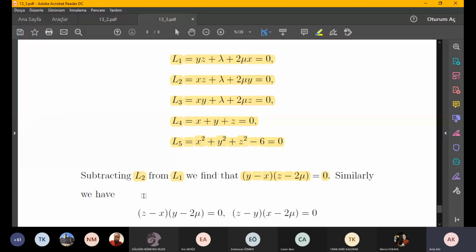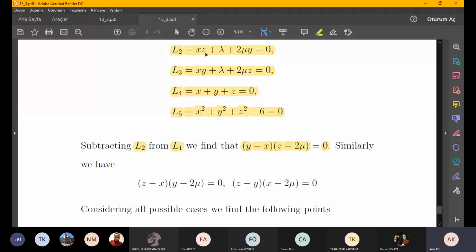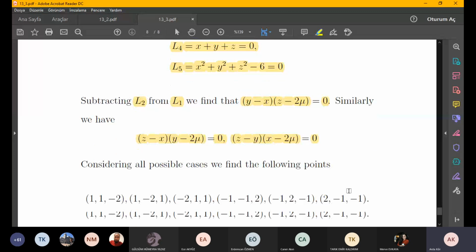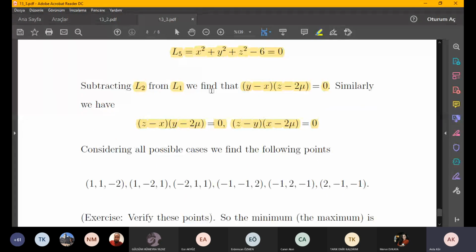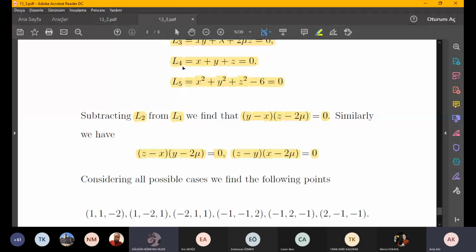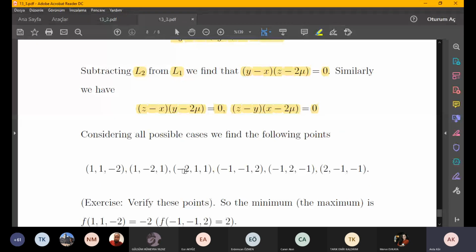Similarly, if you subtract L2 from L3 and L3 from L1, or vice versa, you will find (z minus x) times (y minus 2 mu) equals 0, and also (z minus y) times (x minus mu) equals 0. Considering all those possible cases, and also L4 and L5 here, we will find those critical points.